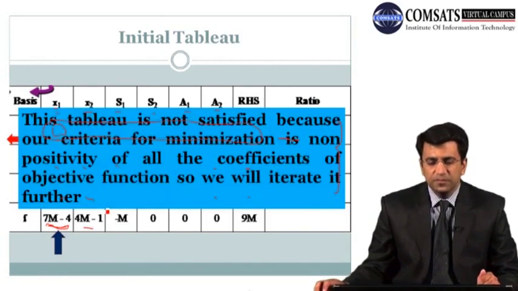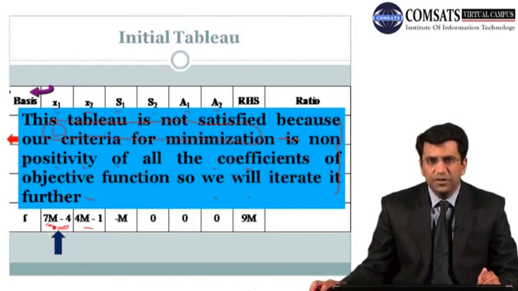Now what we will have to do, again we will have to see the optimality condition. This tableau does not satisfy it, because our criterion for minimization is non-positivity of all the coefficients of the objective function. So we will iterate further, as I have already told you that the condition of optimality is not satisfied, because for the condition of optimality, all the coefficients of the objective function should be negative.